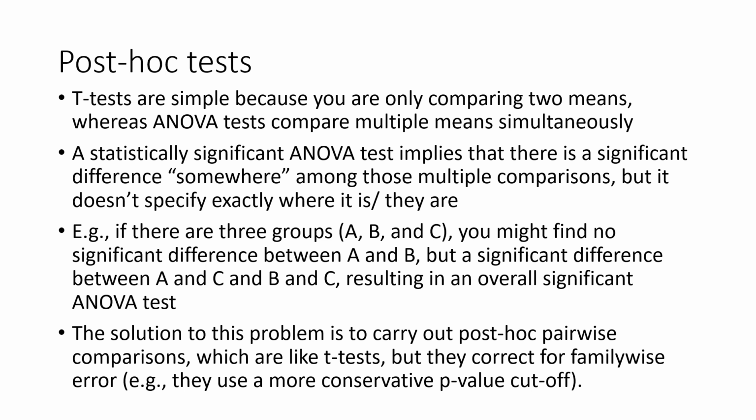In order to unpack where exactly the mean differences lie, what you need to do is to carry out, subsequent to your ANOVA test, a series of what are called post hoc pairwise comparisons. So these are similar to a bunch of little t-tests that compare every possible configuration within your ANOVA. But the advantage of these post hoc pairwise comparisons, as opposed to carrying out a bunch of t-tests, is that they correct for a problem called family-wise error.